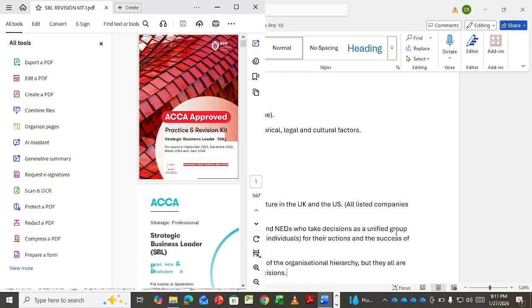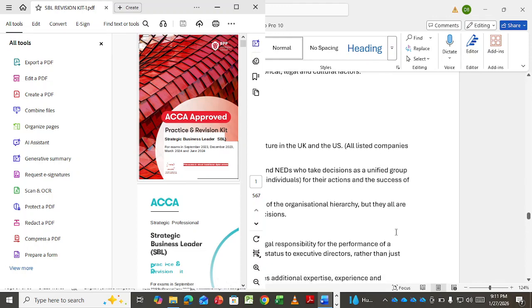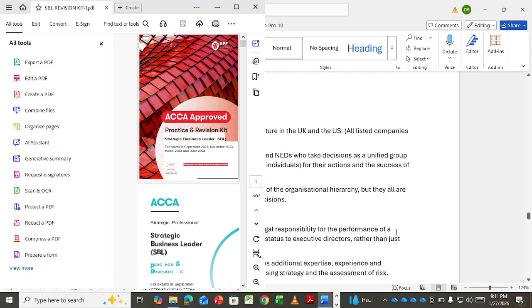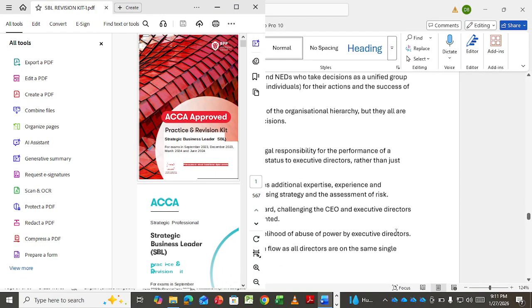Members don't have to be equal. We usually have a hierarchy. That authority will be flowing from the top tier going downwards to the least in the hierarchy. Advantages of having a hierarchy like that: all members of the board have the same legal responsibility for the performance of the company. Therefore, the NEDs are given equal status to executive directors rather than just acting in a supervisory capacity.